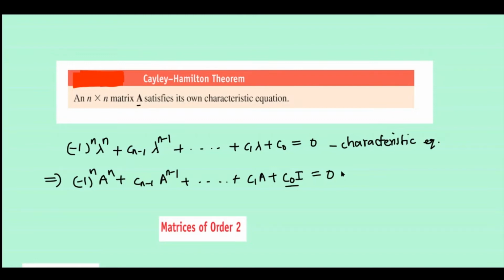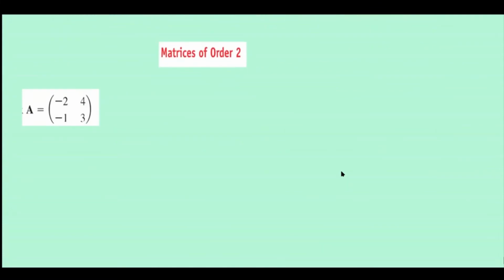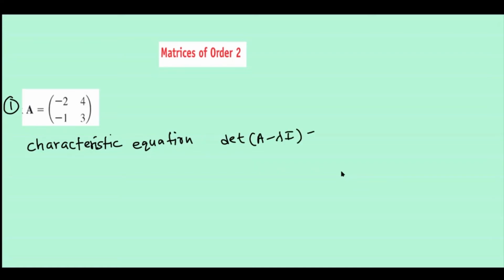Now we will see how to do this. So using Cayley-Hamilton theorem, we will see how to compute the higher powers of the matrix. So first we will take a 2 by 2 matrix. Let A equal to minus 2, 4, minus 1, 3. So first we have to find its characteristic equation. So we know that the characteristic equation is given by determinant of A minus lambda I equal to 0.